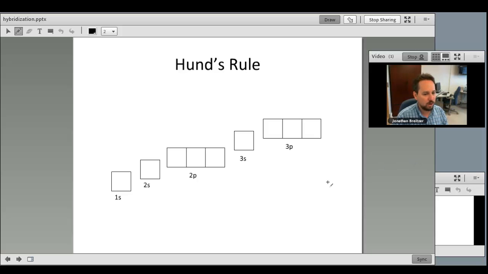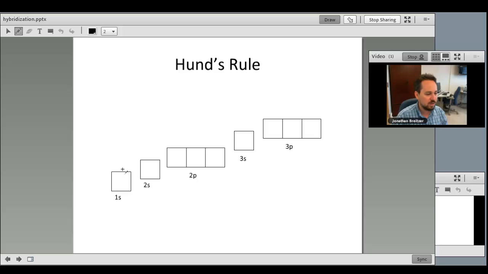Remember, there are 4 quantum numbers. The first one is the principal quantum number, n, with 1, 2, 3, 4, and so on. The second one is L, which we indicate by a letter, 0 for S, 1 for P, 2 for D, 3 for F. The third quantum number is M sub L, and that's indicated by the individual box.